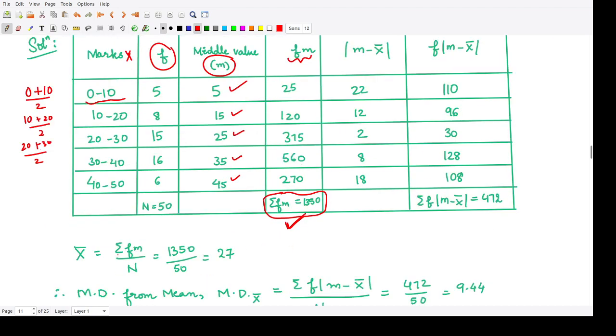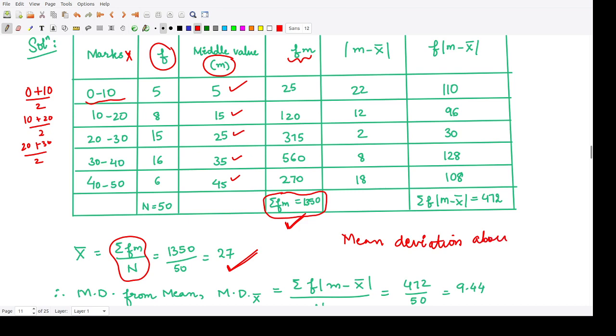You require summation fm divided by n. So the value here is 1350 divided by 50, that comes out to be 27. This is the mean.